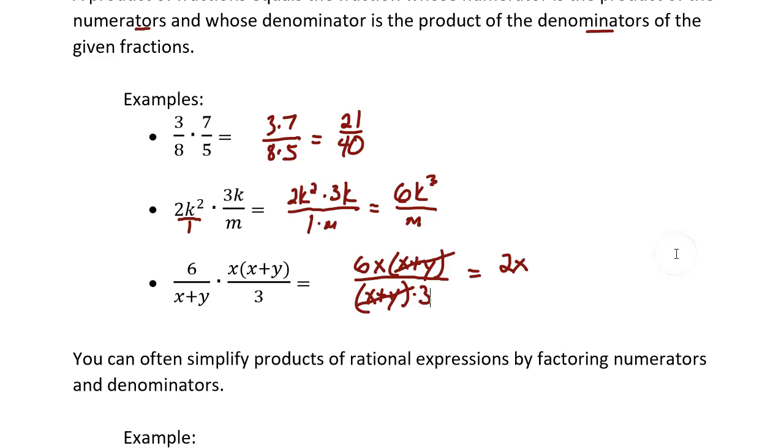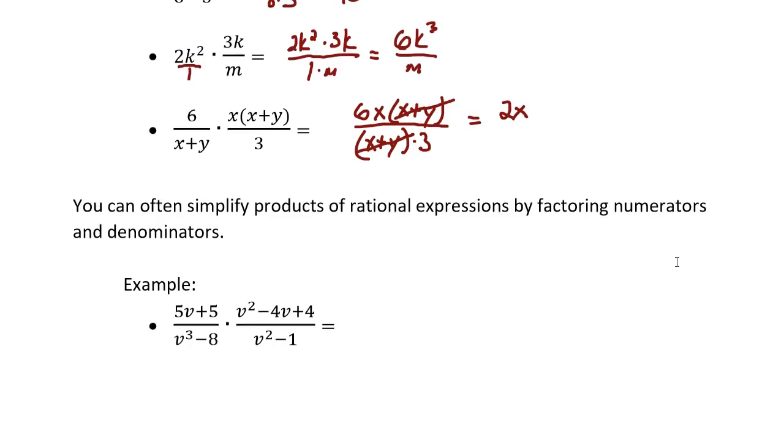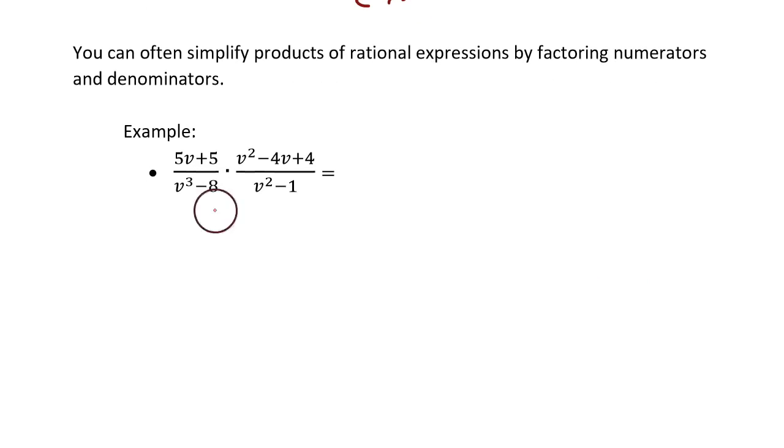You can often simplify products of rational expressions by factoring numerators and denominators. Here's an example. We want to multiply these fractions. To help us do that, let's factor all those polynomials. Starting with this one here, this has a GCF of 5, leaving v plus 1.